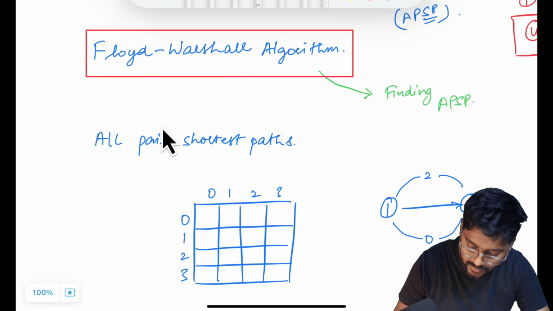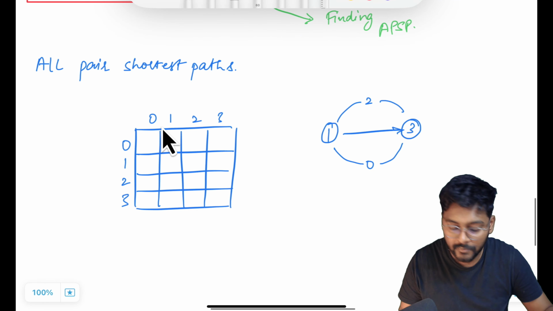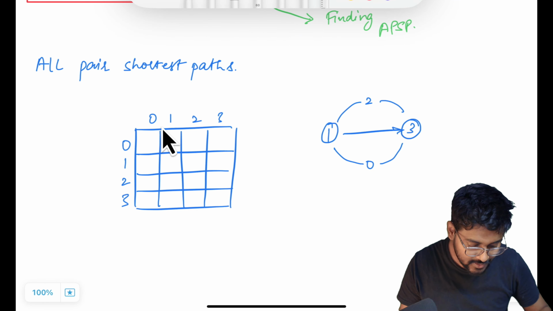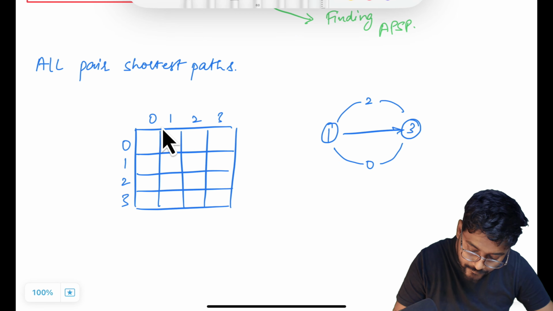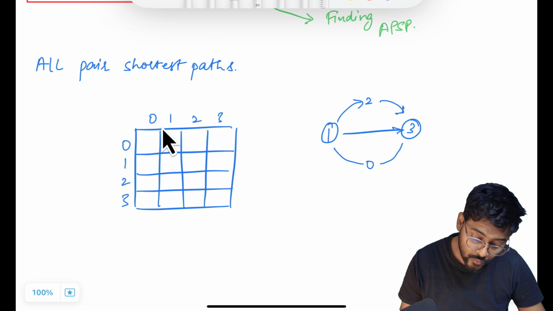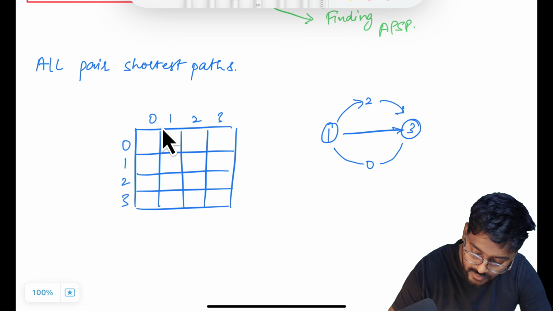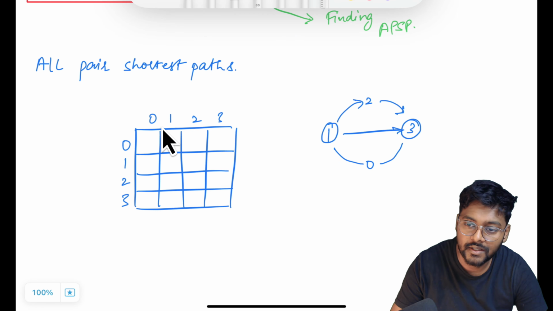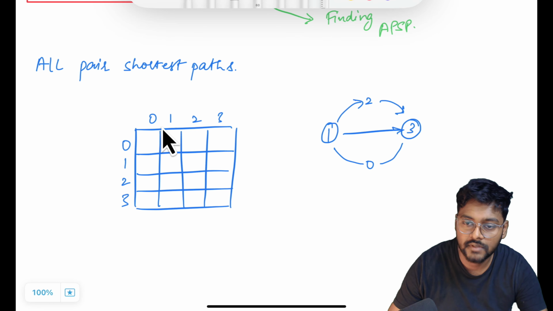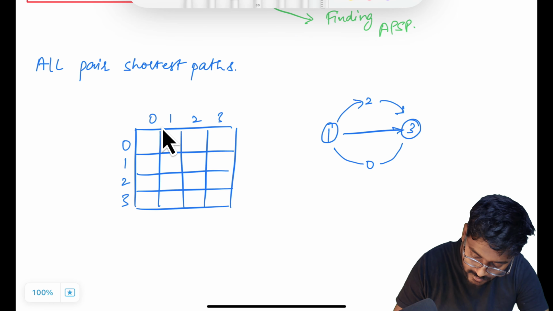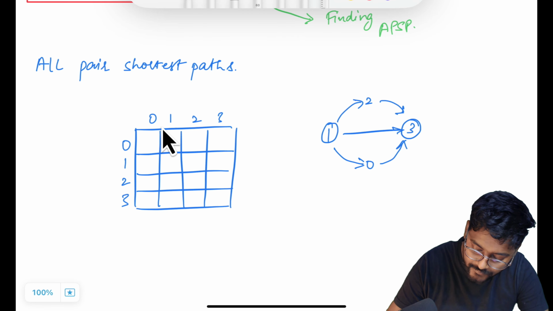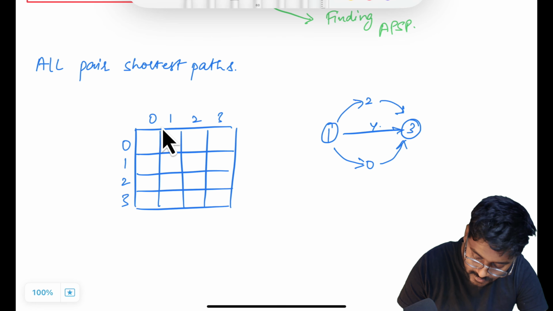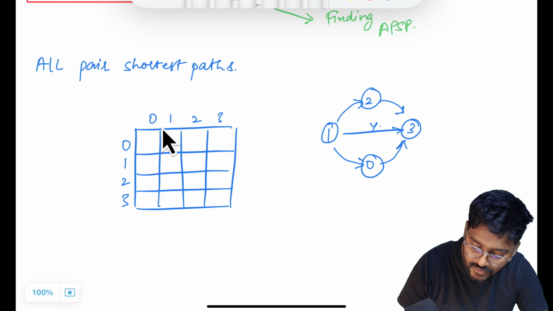But there might be chances, because our property is transitive: if 1 is a prerequisite of 2 and 2 is a prerequisite of 3, then also 1 is a prerequisite of 3. It means either there can be a direct path or an indirect path via some other course. There can be chances that 1 is a prerequisite of 0 or 0 is a prerequisite of 3. So in this case, there is a path. If it is a direct path, yes. If it is an indirect path via some other course node, then also it is a yes.